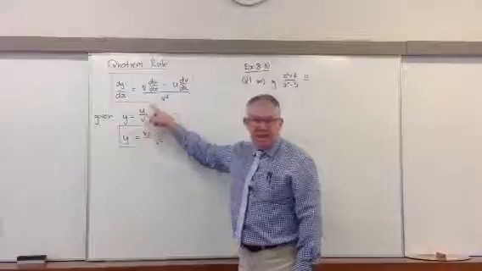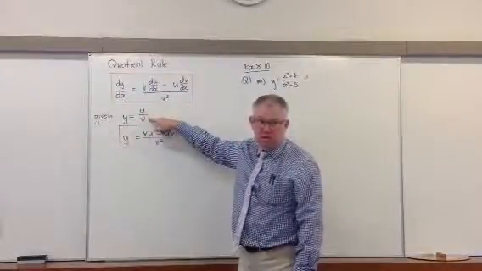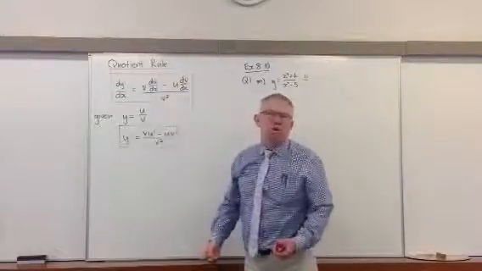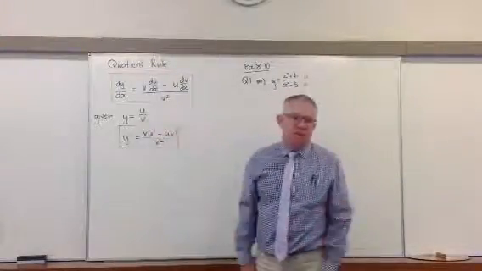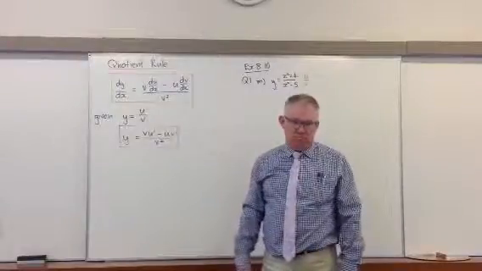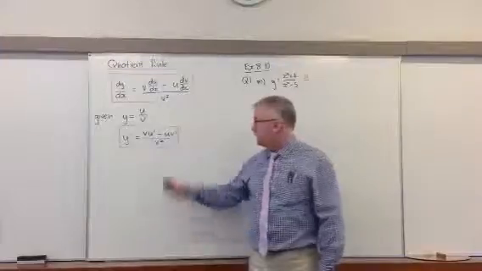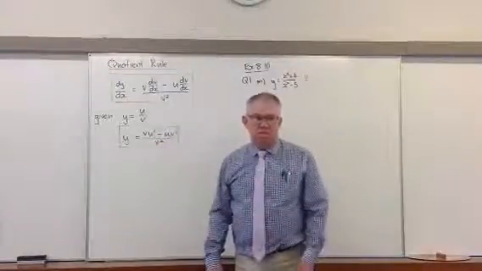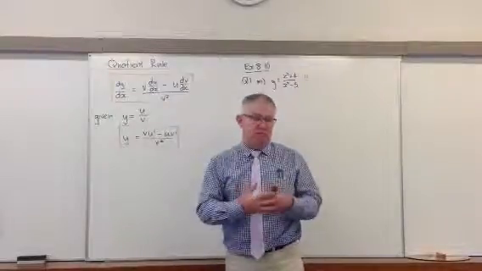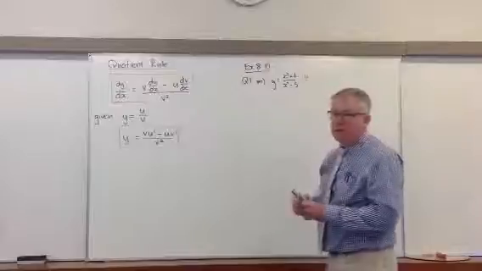If it looks like that, then we just label the top bit u and the bottom bit v. Can you label the bottom bit u and the top bit v? We could, yes. The convention is normally to do it this way, but if you do it the other way around, the formula has to change around too. And this wouldn't be v squared on the bottom, that would have to be u squared. So it's best just to stick with the format that we're doing. We'll call that u and v, yes.